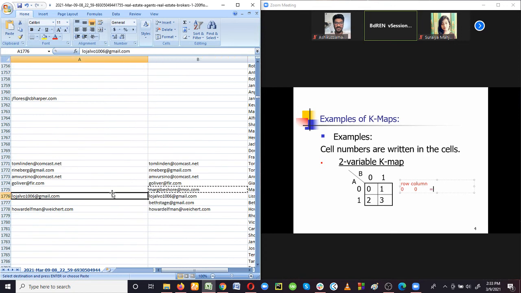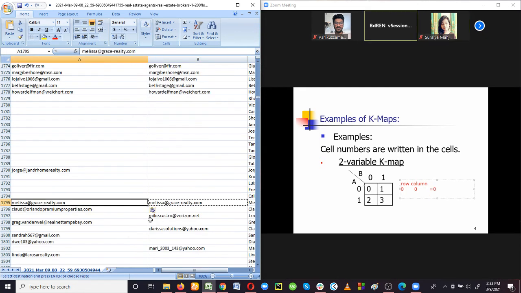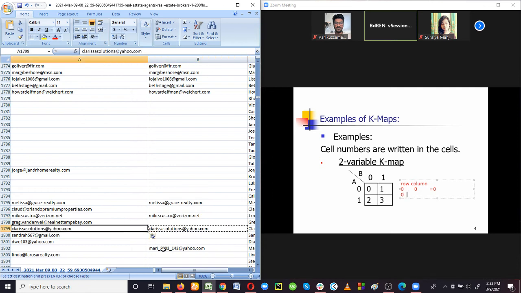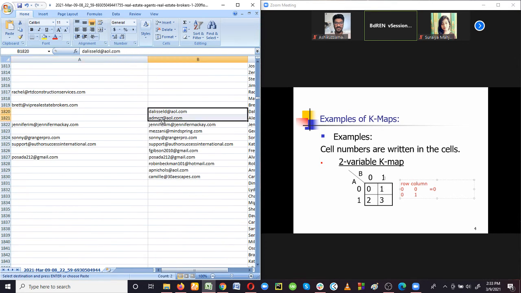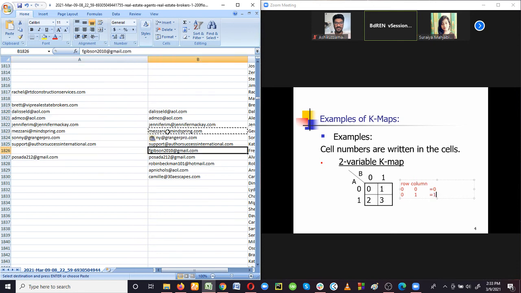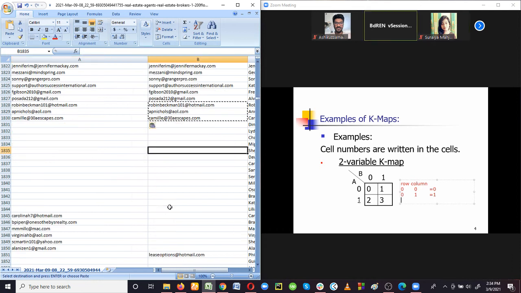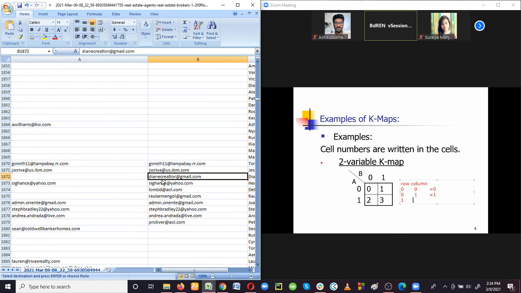So what will be the cell value for 0, 0? The cell value will be 0. Now row value is 0 and column value is 1. Observe this one, 0, 1. So what will be the value? 0, 1 is equal to 1. Now the second row value is 1 and column value is 0. So what will be the value now?